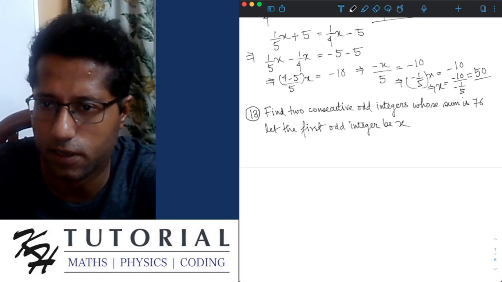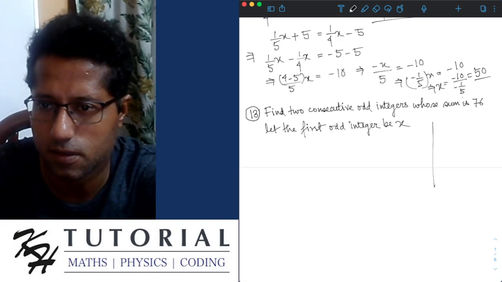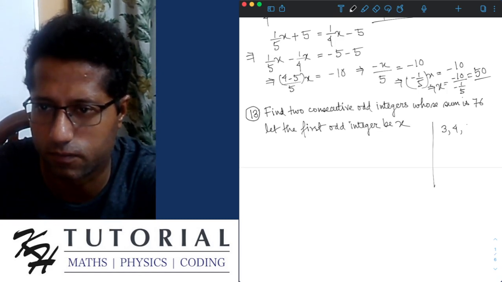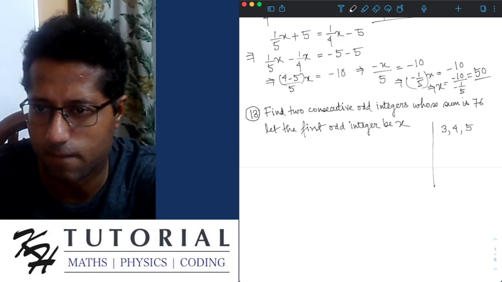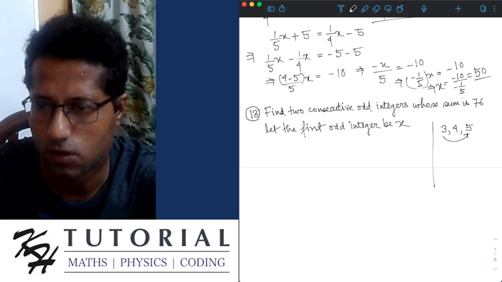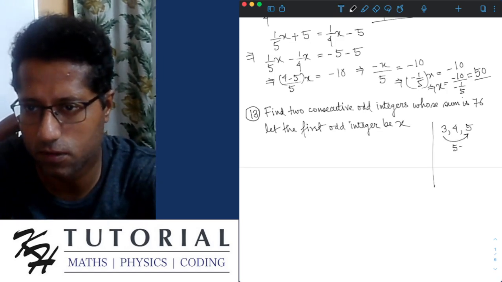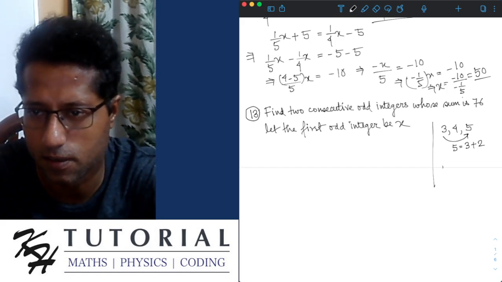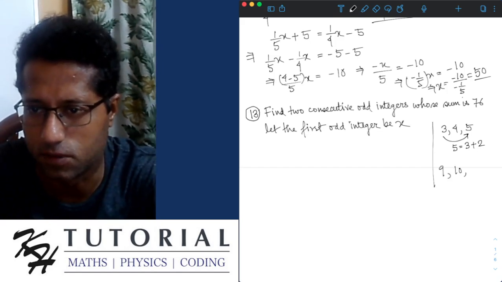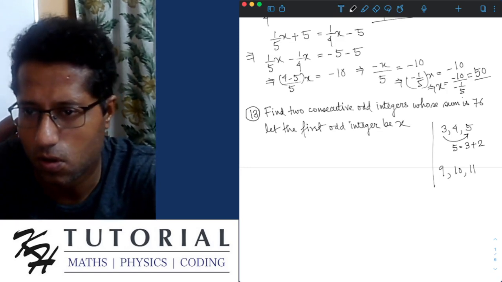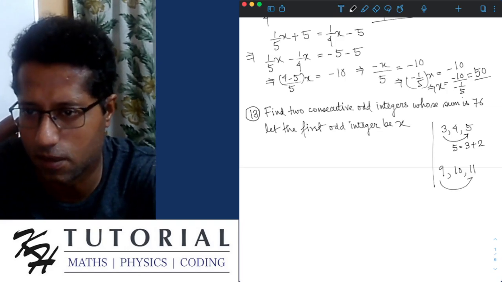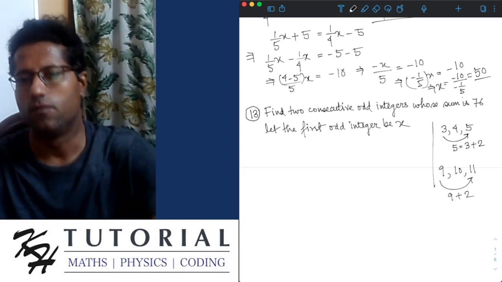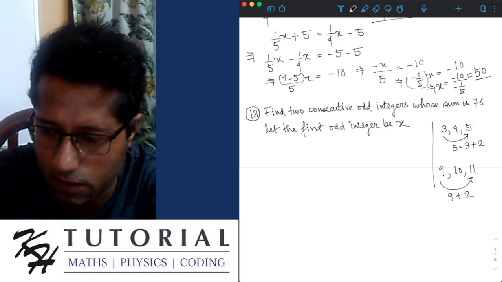If the odd integer is 3, the next number is 4, and after 4 it is 5. So after 3 we have 5, which is 3 plus 2. If you consider any odd integer, let's say 9, the next integer is 10, the next integer is 11. So the next odd integer after 9 is 11, and 11 is nothing but 9 plus 2. So this is true for any odd integer.